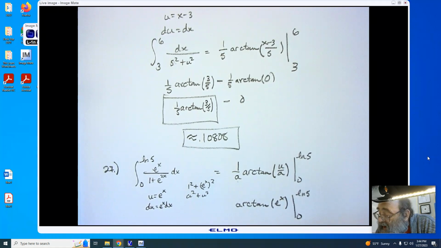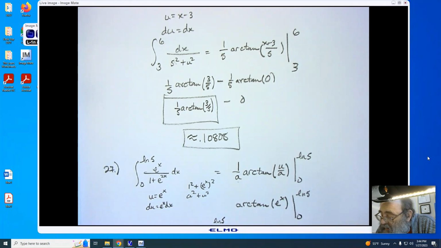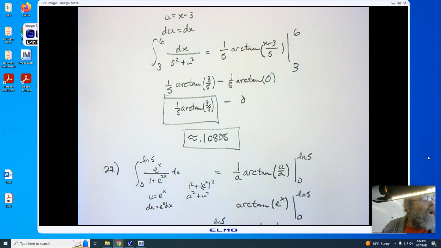Using the fundamental theorem of calculus, I have the arc tangent of e to the natural log of 5, and that's the arc tan of 5, because the natural log and e are inverses, minus the arc tangent of 1, e to the 0 power. Now we know that the arc tangent of 1 is pi over 4. So I'm looking at the arc tangent of 5 minus pi over 4 as my answer.